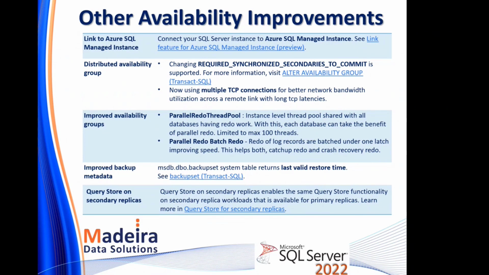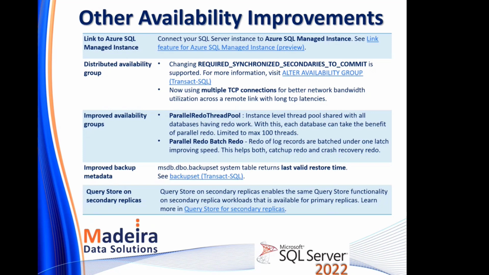So now that is also available in distributed availability groups, and there are also performance-related improvements, such as multiple TCP connections, parallel redo thread pool, and parallel batch redo. All of these features are for improving the throughput and performance of availability groups.